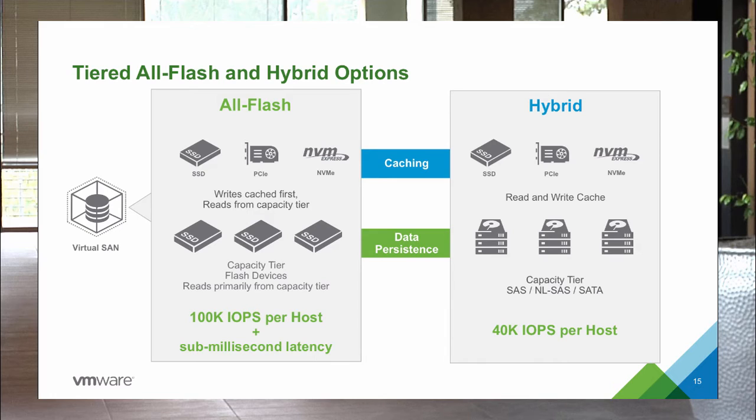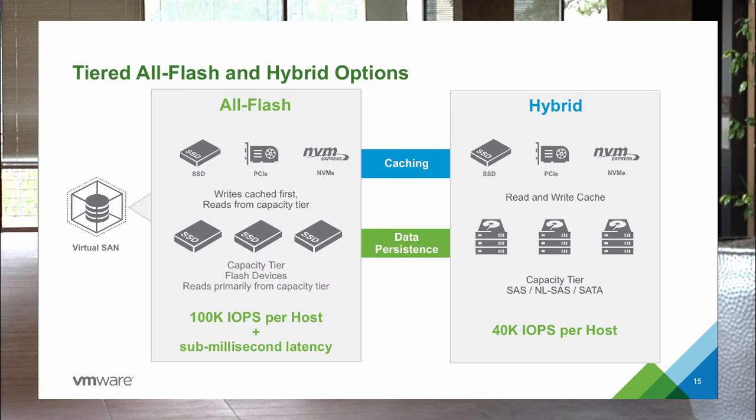It's just that we're leveraging the all-flash write cache, and then we're leveraging the SSDs below it, where in hybrid, we were leveraging the read and write cache inside of the SSD, and then using the spinning disks for the capacity tier. Then you can also see that inside of all-flash versus hybrid, we also have over 2x the number of IOPS per host, plus sub-millisecond latency inside of all flash.